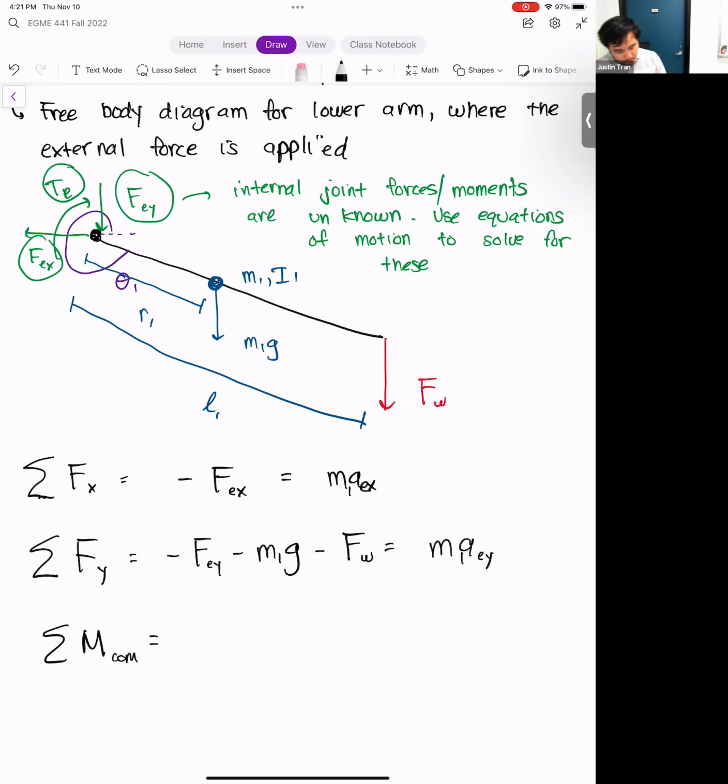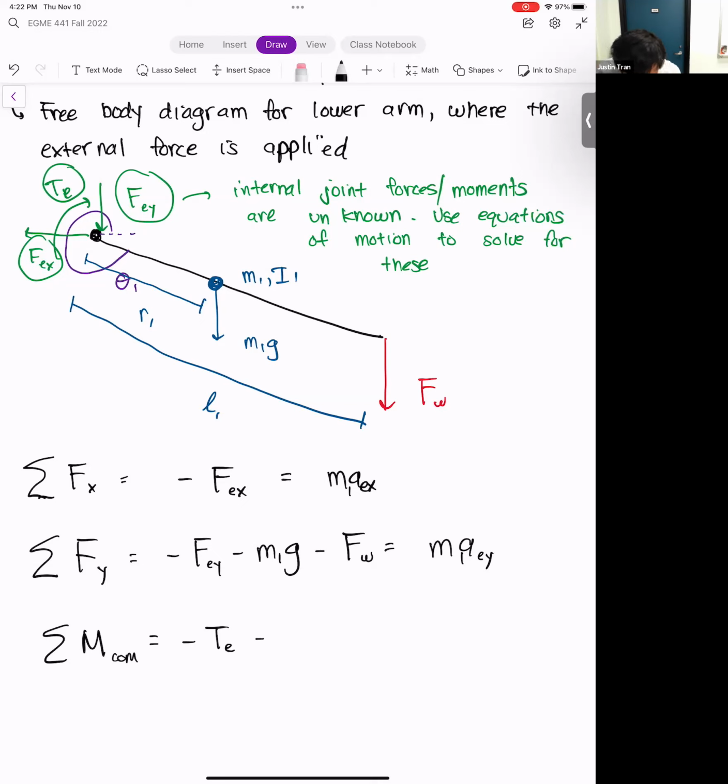And then finally we have the sum of the moments around the center of mass, and so we have minus TE, because that torque, the way we've drawn it, is going in the clockwise direction, so we have a minus there.